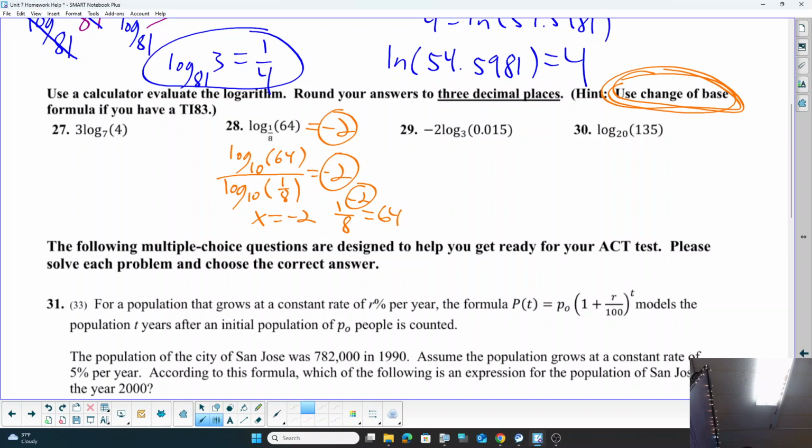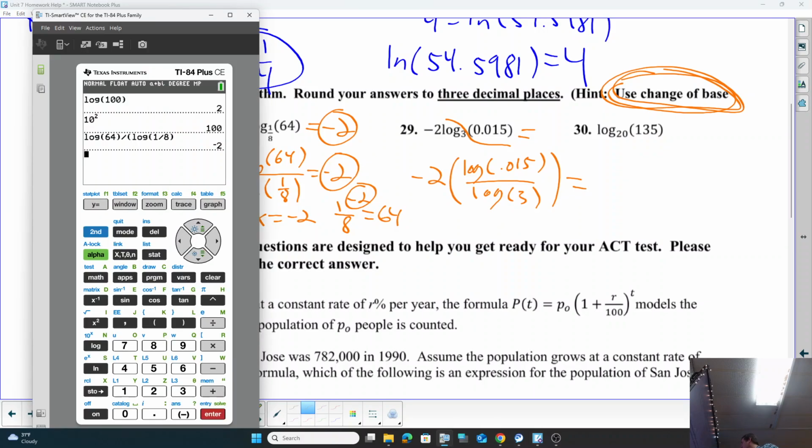So give that a try. I'm going to try using change of base on this one, but I'm also going to try the -2 in front and see if it works. So -2 is on the outside, and then we do log of 0.015 divided by log 3. I'm going to see if that works and see if it matches with the log base feature as well.